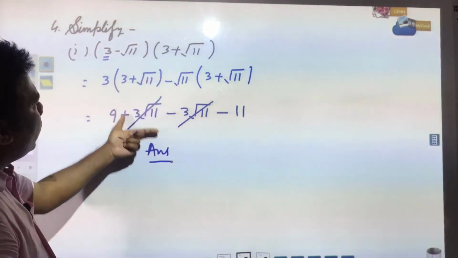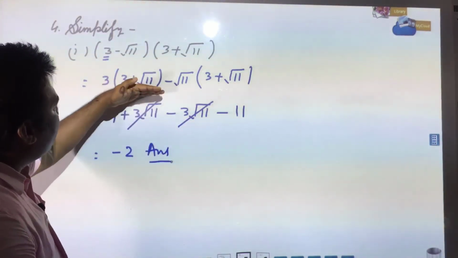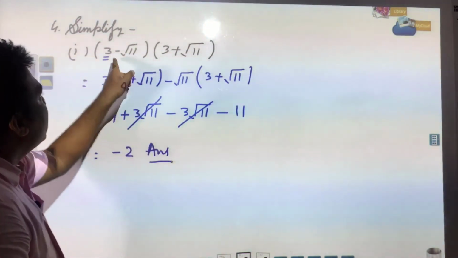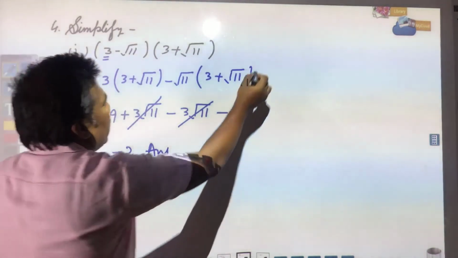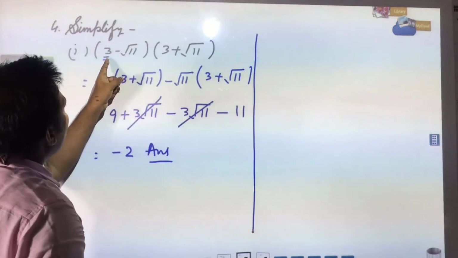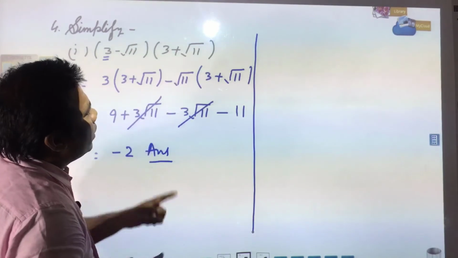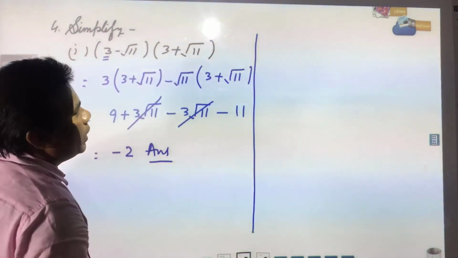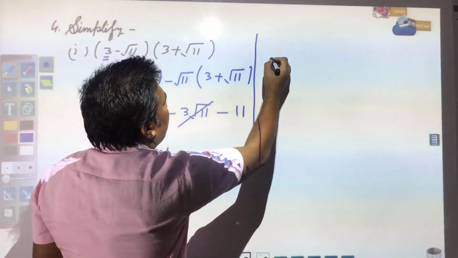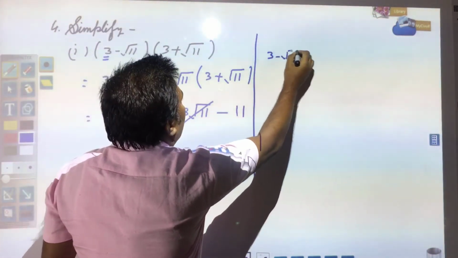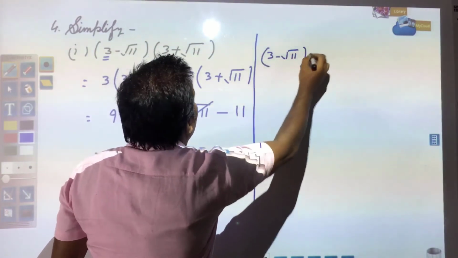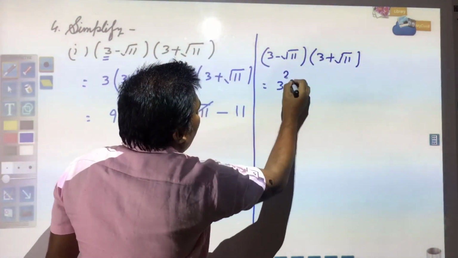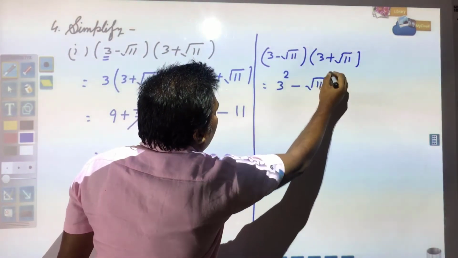In a very simple way, without using any formula, if you are multiplying in this way, these are required to be multiplied. But you see, this can be put in a formula. Here you have a minus b into a plus b. a minus b into a plus b is equal to a square minus b square. So, it can be written as 3 minus root 11 into 3 plus root 11 will be 3 square minus root under 11 square.